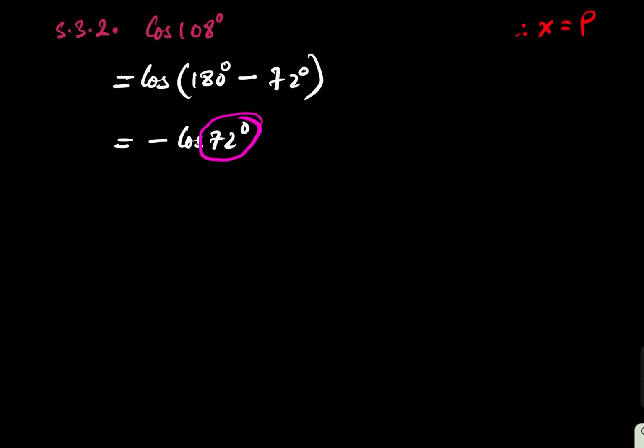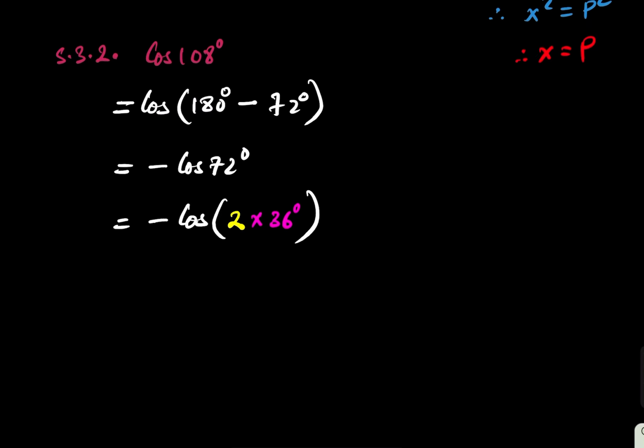So I'm going to say this is the same as a negative cos of twice 36 degrees, which is the same as 72 degrees. We are doing this on the premise that there is a serious relationship between this angle and what we were given as 36.